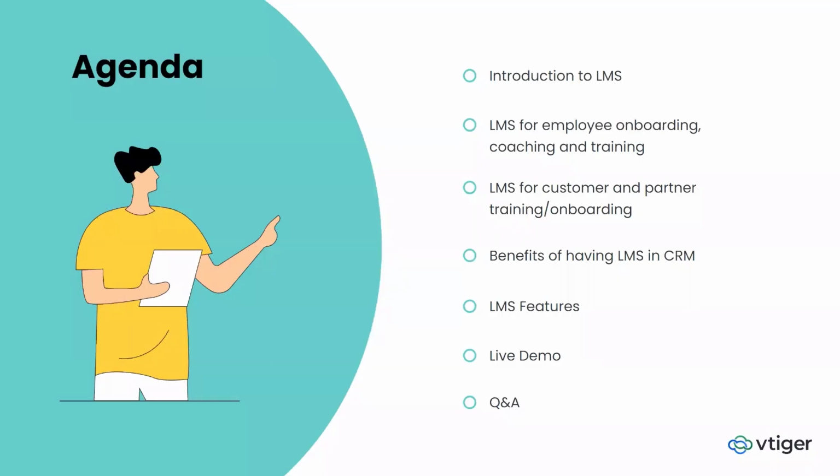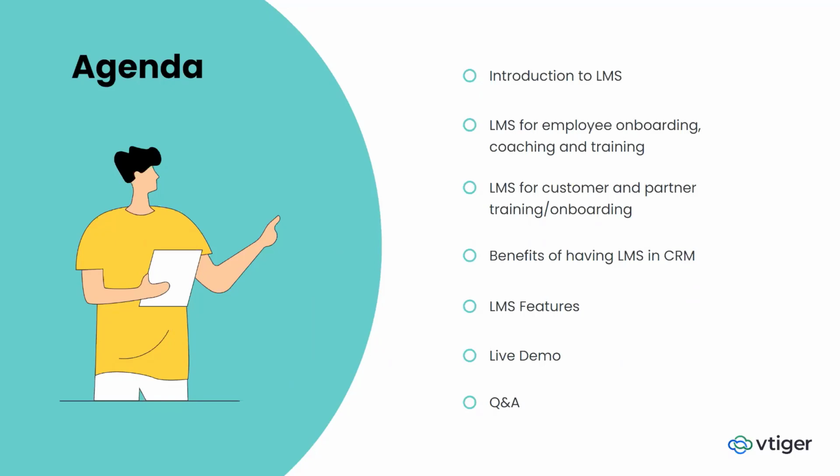So let's get started by going over the agenda. I'm going to start off the webinar by running through a few slides that will give you an introduction to LMS and what it is. And next, I'll be covering how the LMS can be used for employee onboarding, coaching, and training, and for customer and partner training and onboarding as well. From there, we'll go over some of the benefits of having a learning management system in the CRM.